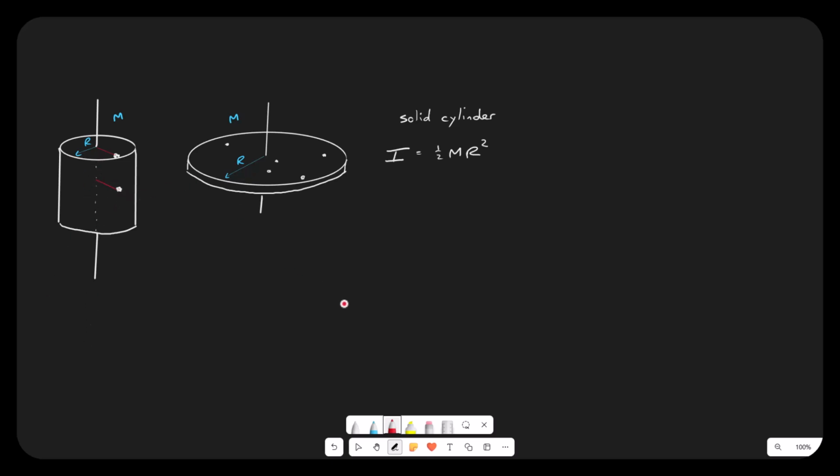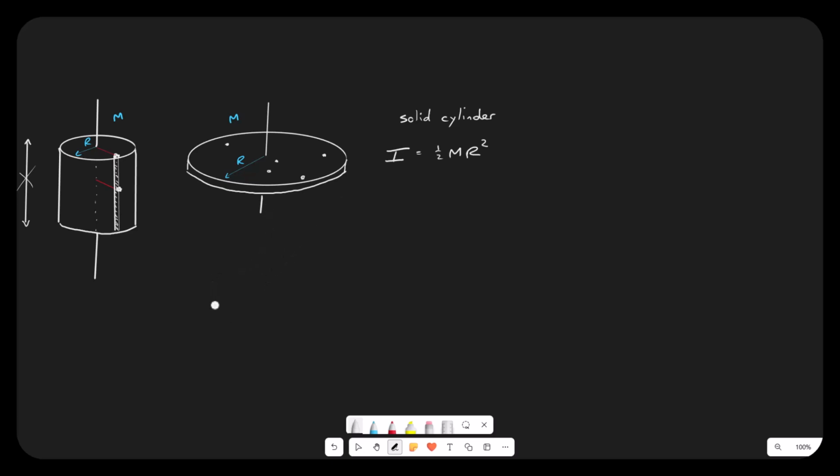So instead of making this out of point masses, I might be making this out of just point columns. The idea really being the moment of inertia doesn't depend on the height of the cylinder. We don't really care. That's for a solid cylinder.